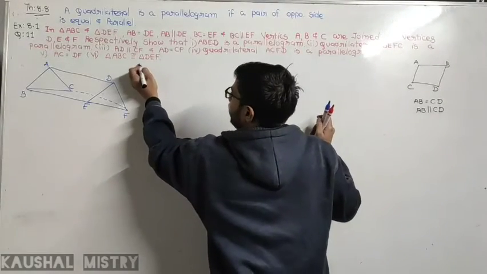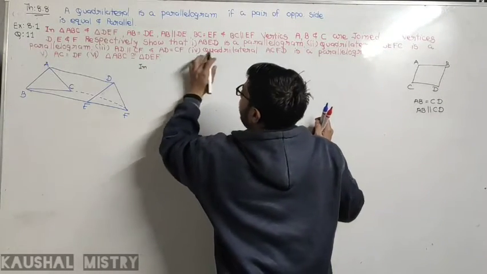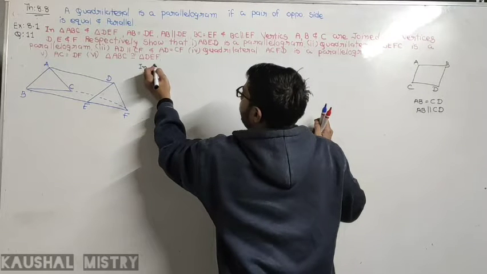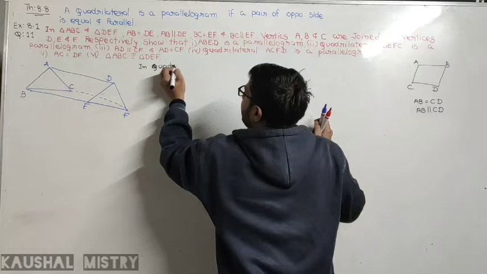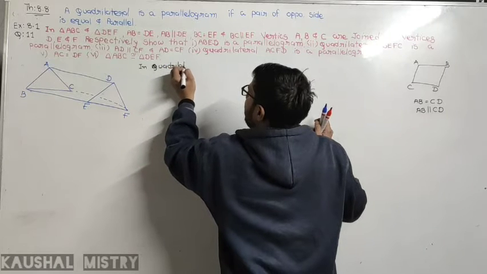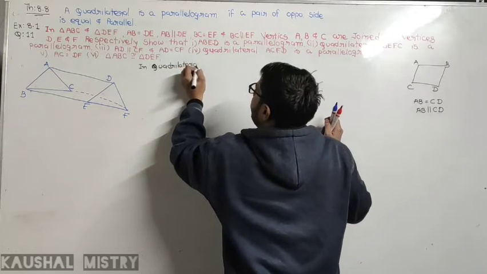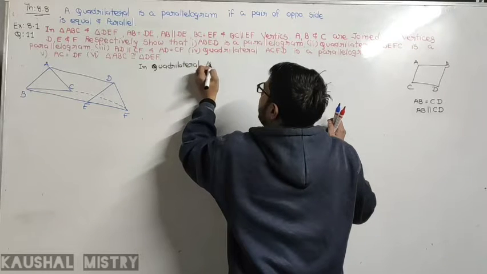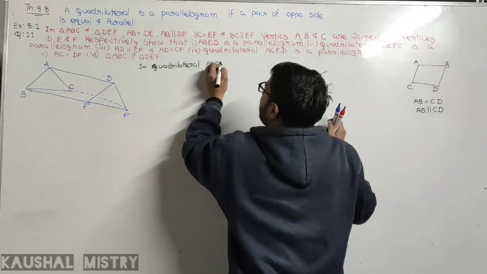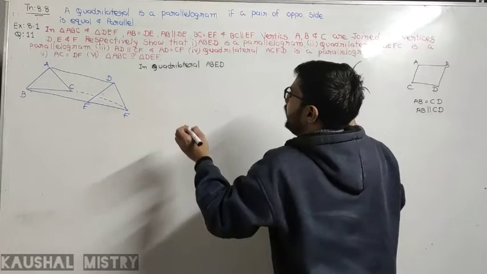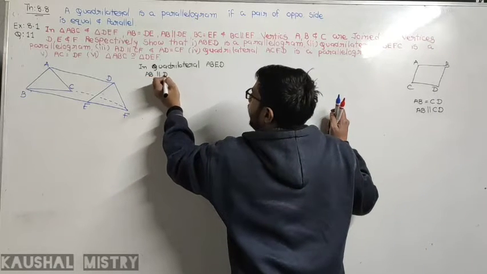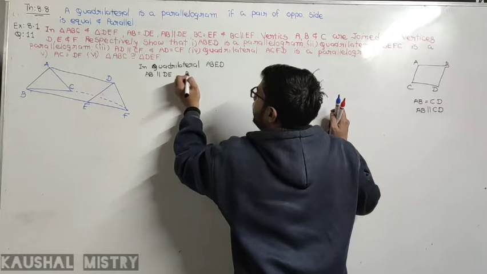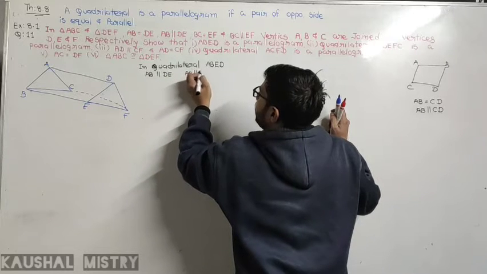Now first we will take whatever quadrilateral we have to prove. It is so easy. In quadrilateral ABED, AB is equal to DE and AB is parallel to DE.